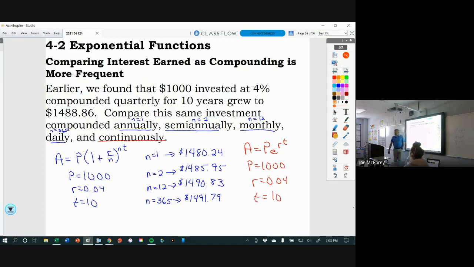And when you plug that in, this is only 365 times. This is continuously, so we're going to make a lot more money continuously, right? $1,491.82.